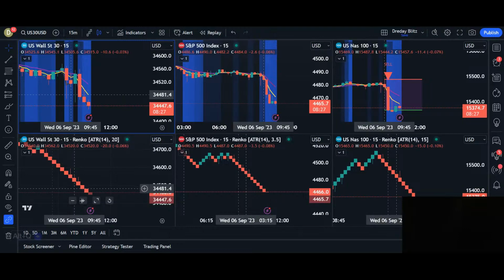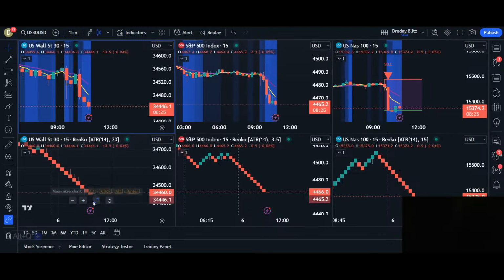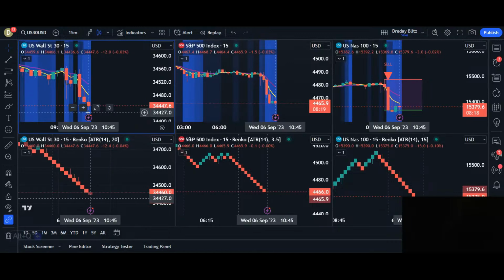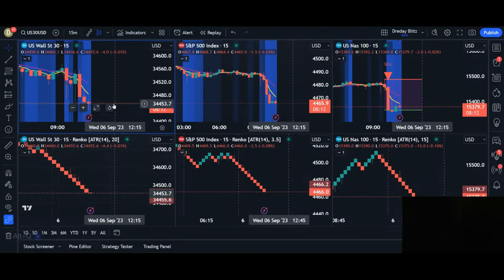That way it's going to give you some leeway on where the market will go, and by doing that, you're not going to be tight on your trailing stop, and you're still going to be in the trade for longer.